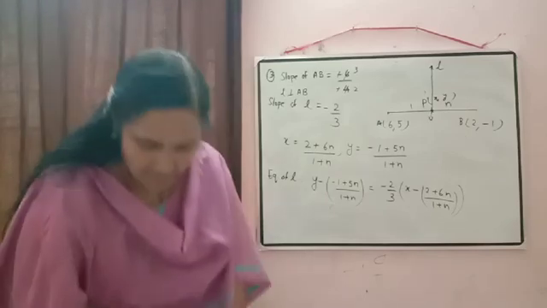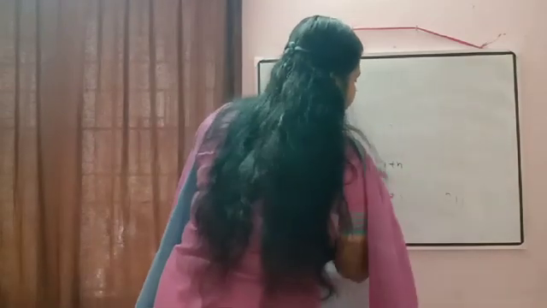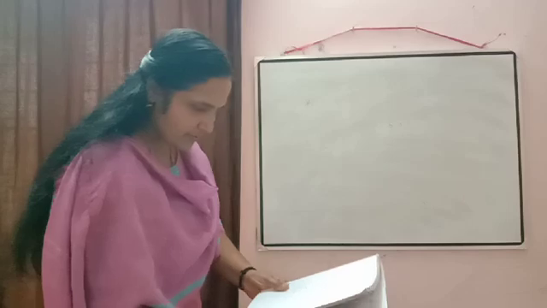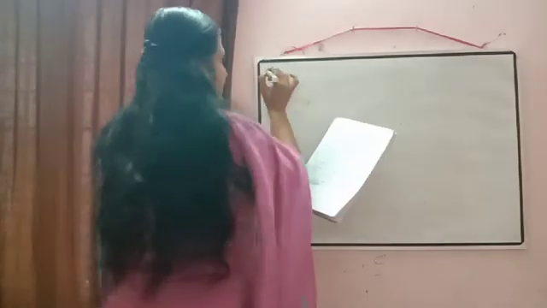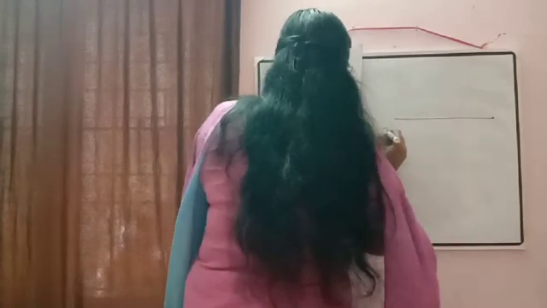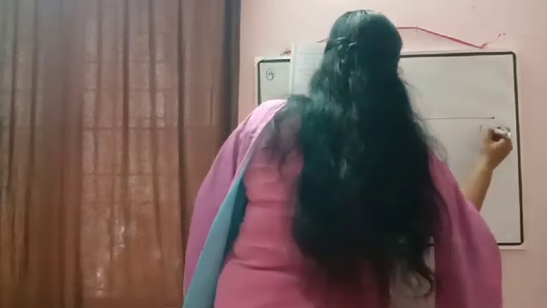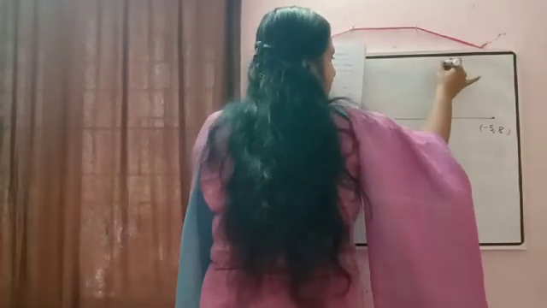Okay, then the next question. Question number 4 is, find the equation of a straight line which divides the join of (2, 3) and (minus 5, 8) in the ratio 3:4 and is also perpendicular to it.